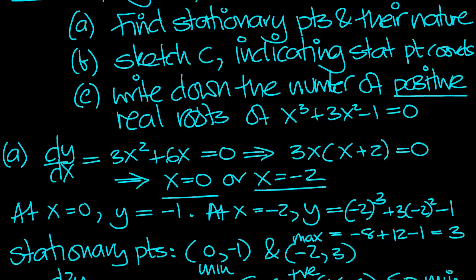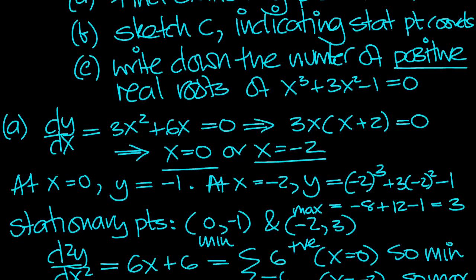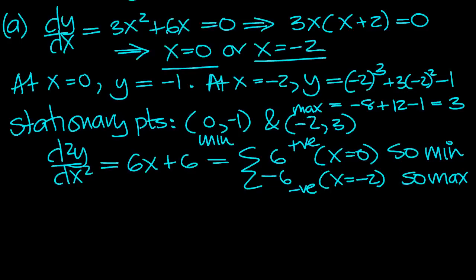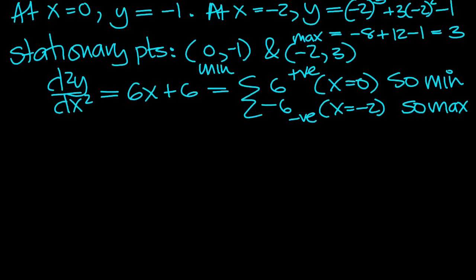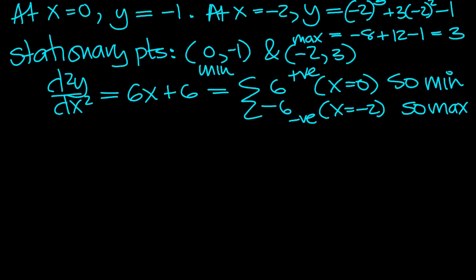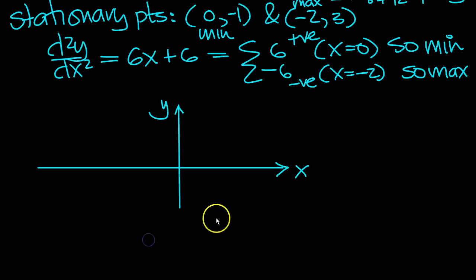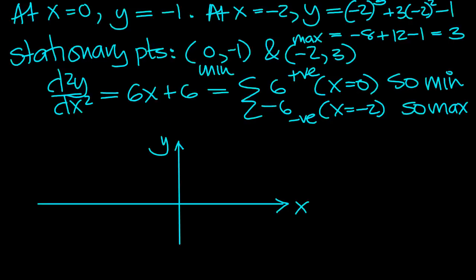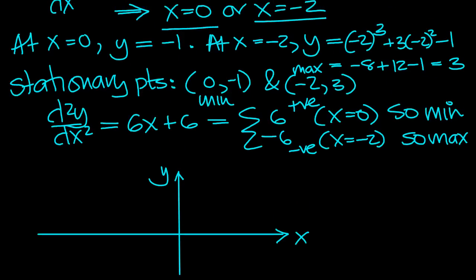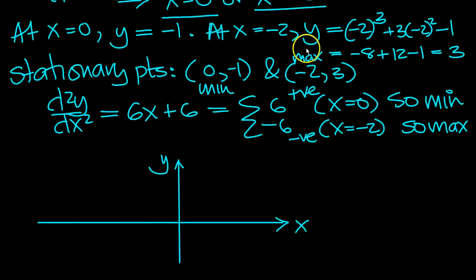Okay, so we've done part A, and now sketch C indicating the stationary points and their coordinates. Okay, let's have a look at this then. Let's just paste in the axes which I've drawn ready. So we've got these turning points for this cubic equation.